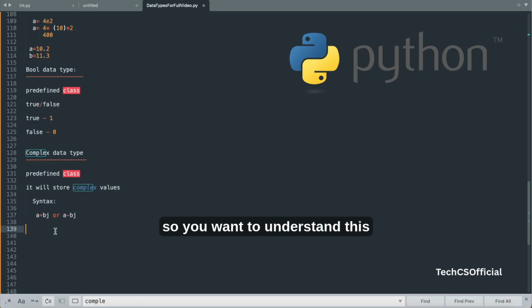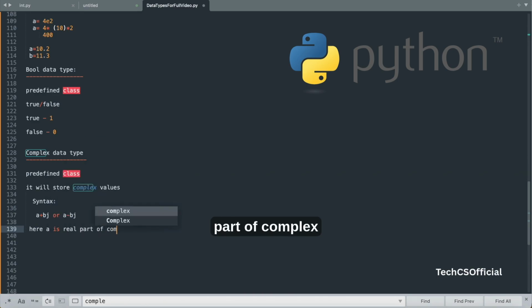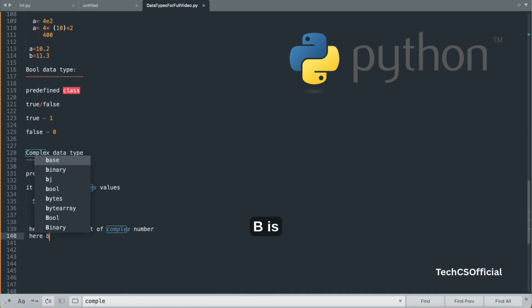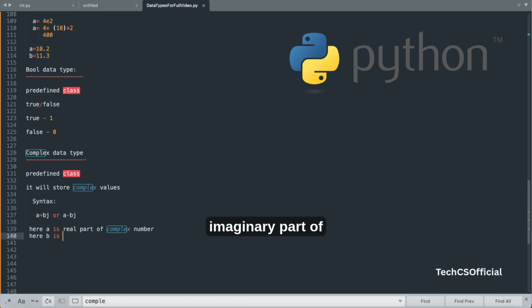So you want to understand this. Here a is the real part of the complex number, and here b is the imaginary part of the complex number.